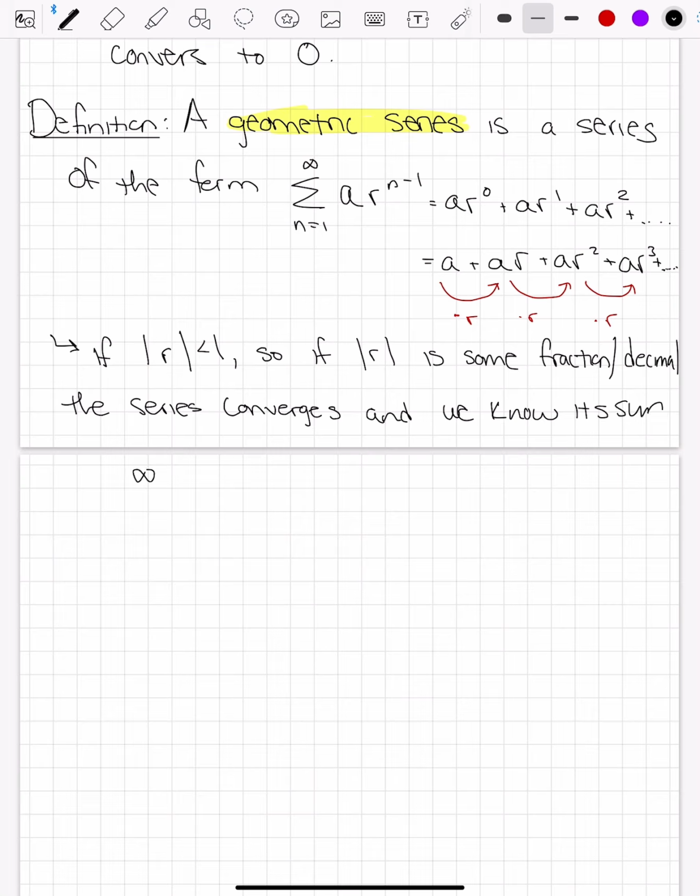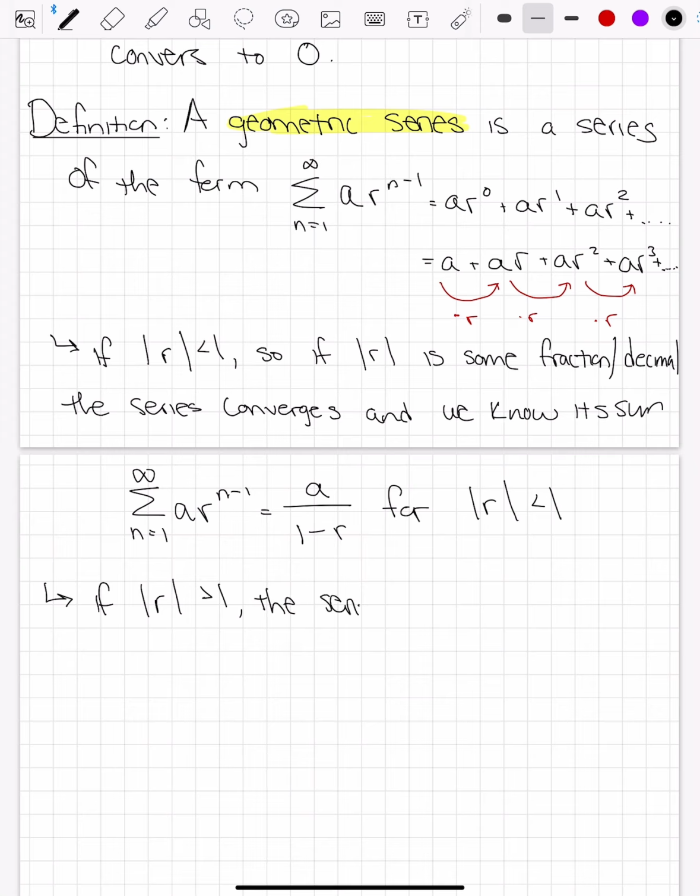So we get that the sum from 1 to infinity of a r to the n minus 1 is a divided by 1 minus r, and that is for geometric series whose absolute value of the ratio is less than 1. And then again, if the absolute value of the ratio is greater than 1, then the series diverges.